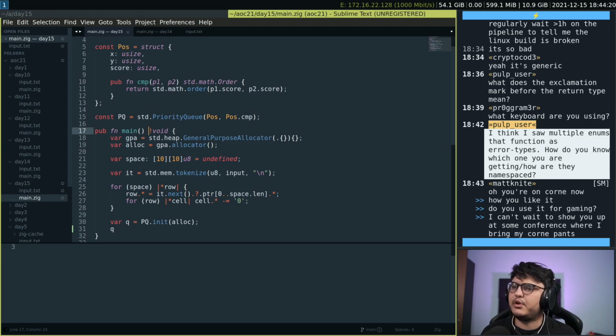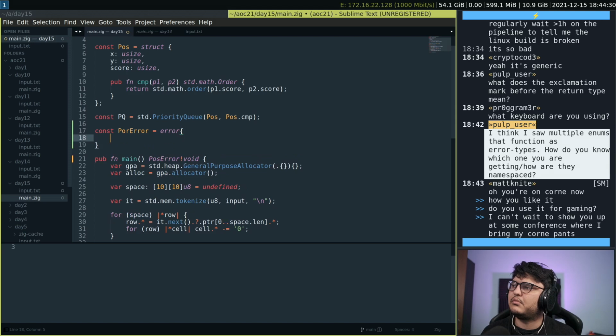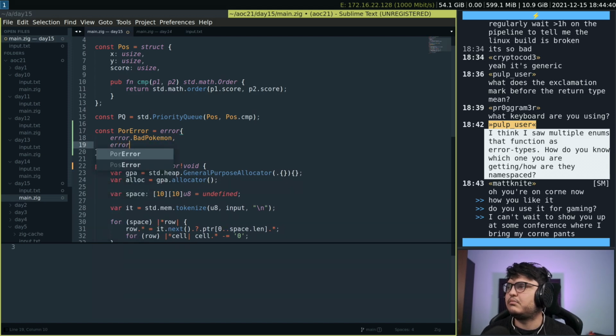So I don't know, say parse error, and you say that const ParseError can be one of, I don't know, bad Pokemon error, whatever.